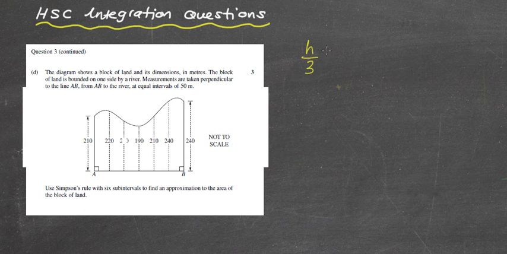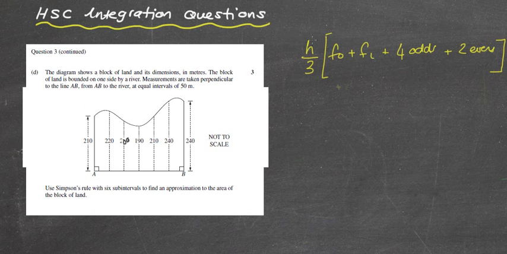It's h over 3 times the function of the first plus function of the last plus 4 times the function of the odds plus 2 times the function of the evens, and go from there. Do note, and I apologise, I should have put this there, that was supposed to be 200. It didn't come out before. So if you haven't taken that as 200, just make sure the working out's correct.